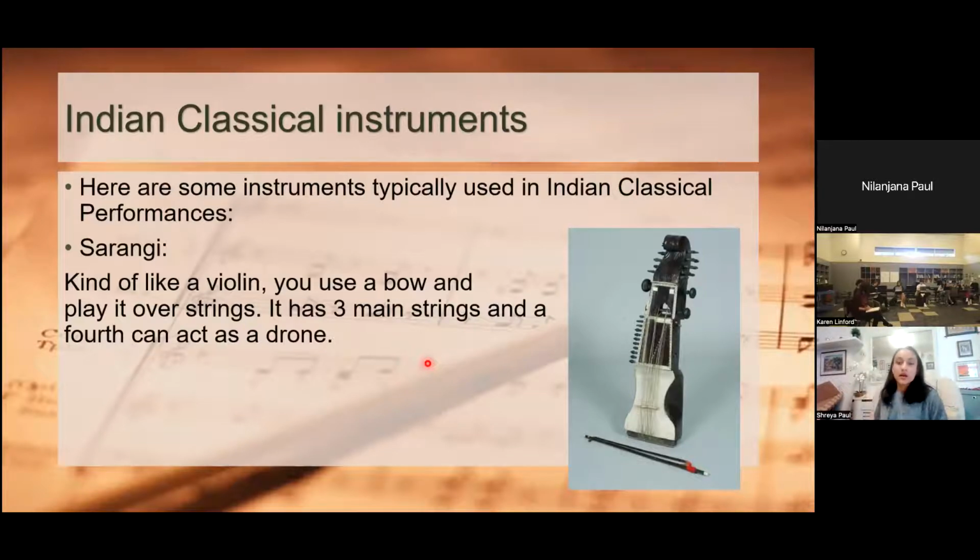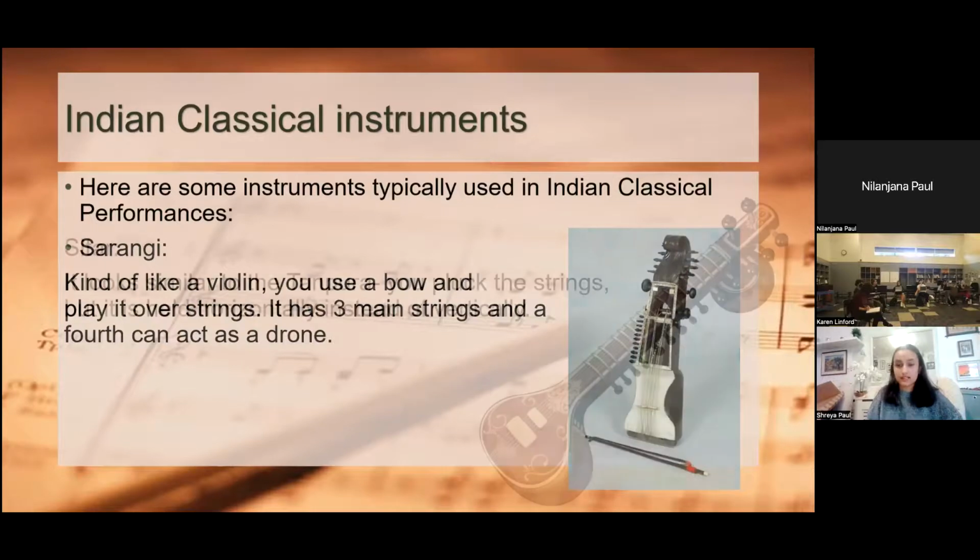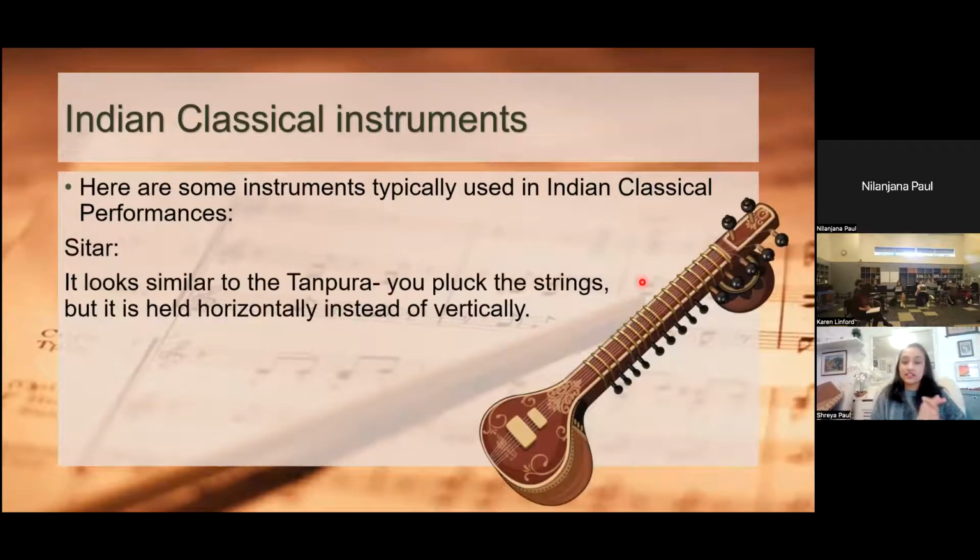There's a fourth string that acts as a drone, and the three main strings are where you play your melody. You press down the string and a note plays. There is some tuning, which you can do with these pegs, and these pegs here, and these pegs up here. So that's that.